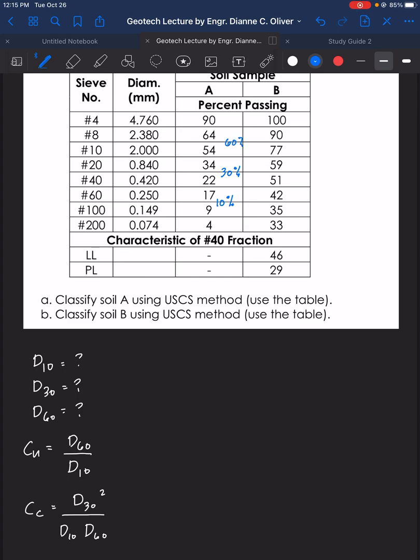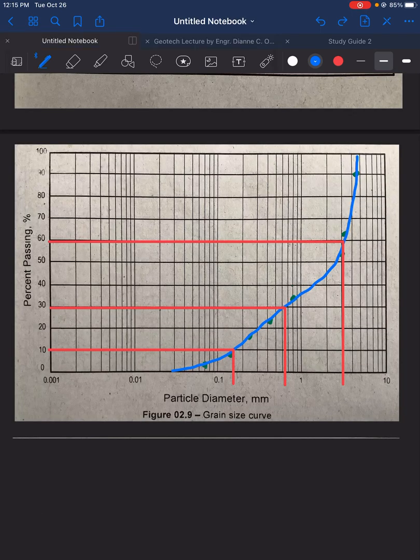Now, some of you might conclude that why not do some interpolation? Well, if we use linear interpolation here, we will get a wrong answer. Why? Because the graph for this is logarithmic and not linear. The difference is that for linear, they are equidistant.